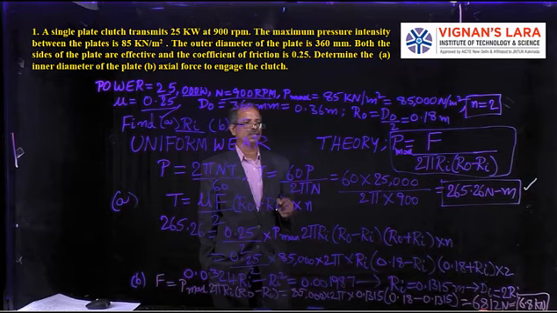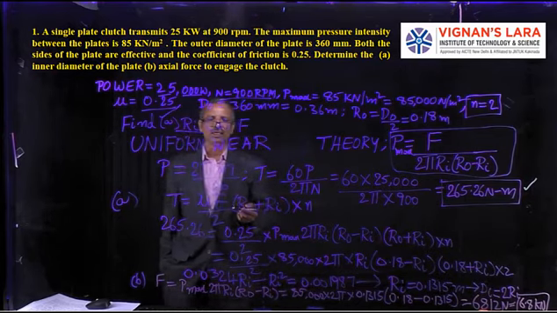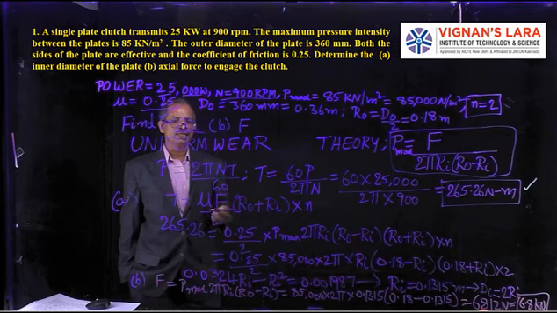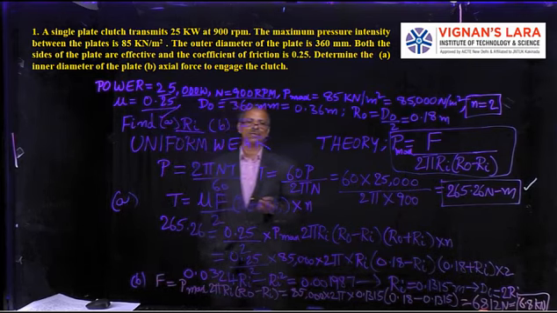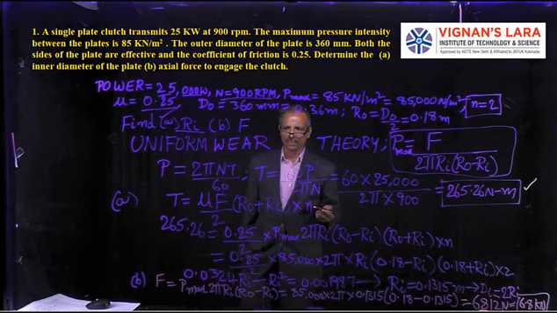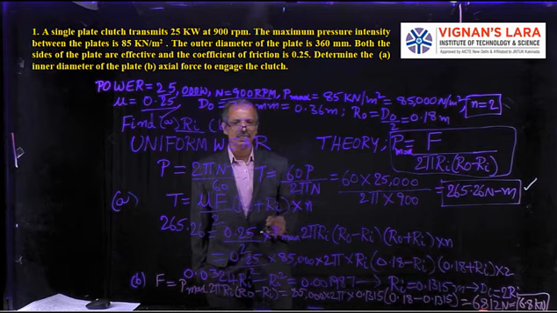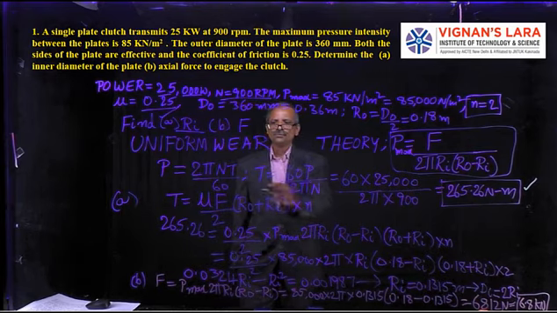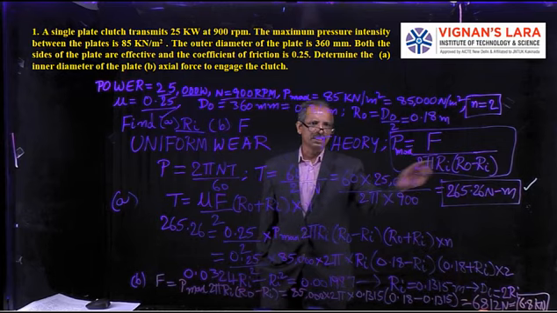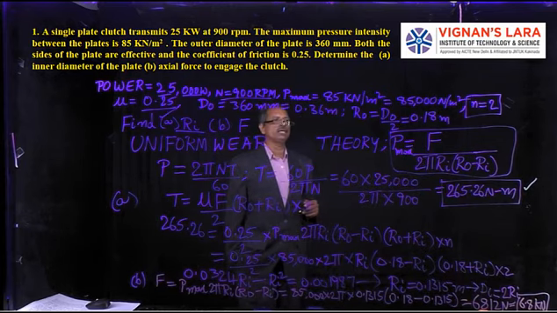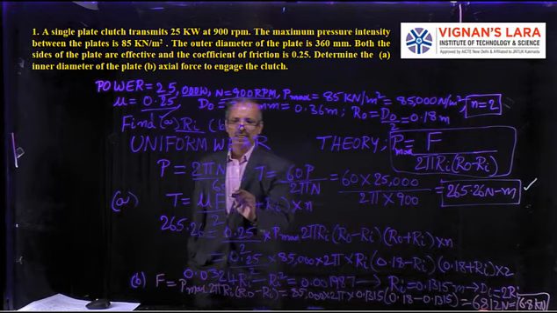So I get the torque equal to 265.26 Newton meter. Once again, according to uniform wear theory, the frictional torque is given by the equation T is equal to mu F by 2 into R naught plus Ri into N. Here the obtained value is equated on the left hand side, and there is once again an equation for F, which is 2 pi Ri into R naught minus Ri into P max, placed in the F place.